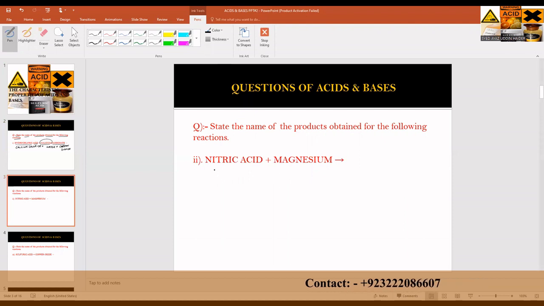This is the next reaction, nitric acid plus magnesium. This is the reaction between acid and metal. Whenever you get acid with metal, you will get salt and hydrogen gas. So hydrogen gas will be one of the products. So I will write hydrogen gas here.